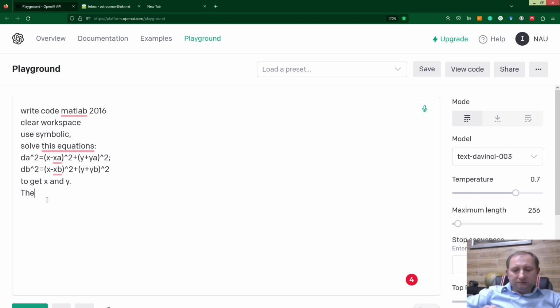Okay, let's do it like that. Then use xa equal 5, then ya let it be also 5, then xb equal to 10, then yb is equal to also 10, then we need to specify two distances. dA is equal to 2 probably, and dB is equal to 9.